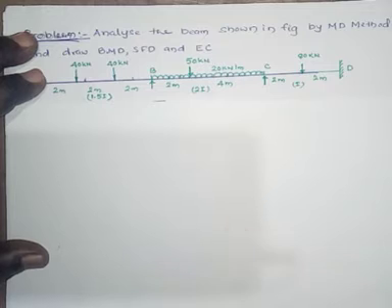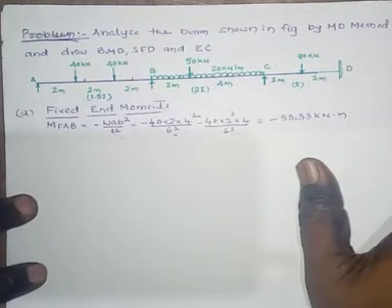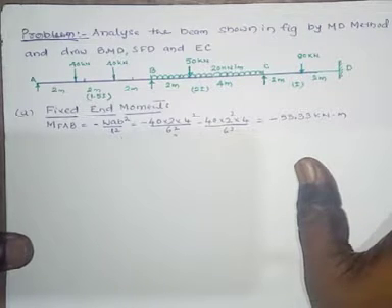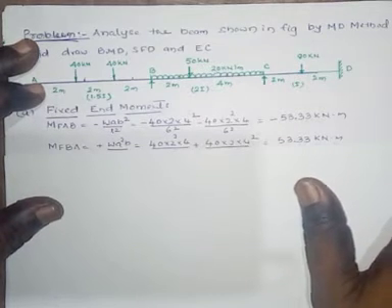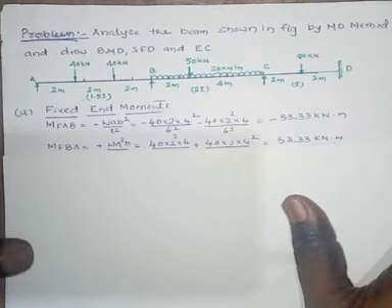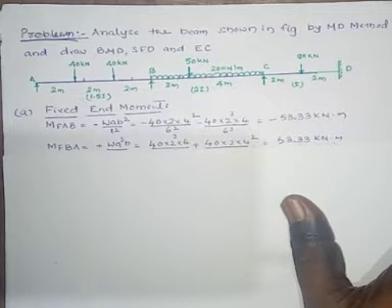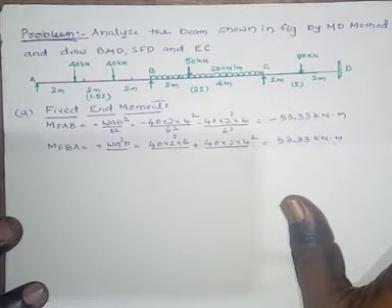Start from AB, that is MFAB. Here we consider A as the fixed end. Then the fixed end moment at A, due to the 2 point loads of 40 each, MFAB, that is anti-clockwise, is minus W a b square by L square. First consider the first point load, that is 40 kilonewton.